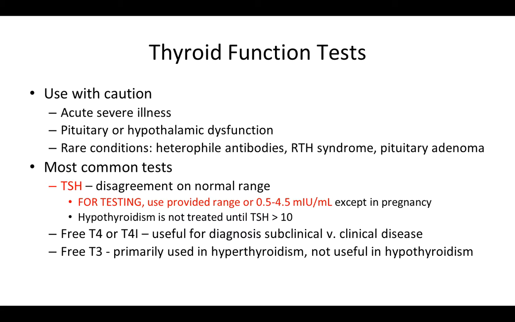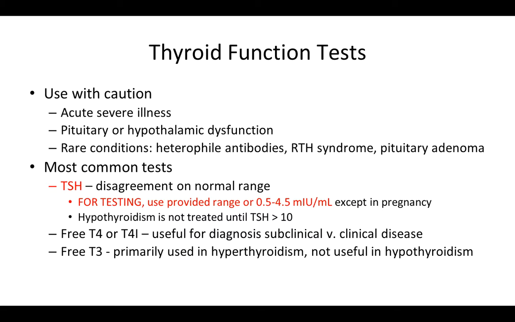There are antibodies called heterophile antibodies that are produced after contact with certain animals, and that causes a rare condition in which there will be a falsely high TSH result. There's also a rare genetic disorder involving resistance to thyroid hormones. These patients will present with a goiter, sinus tachycardia, and symptoms of ADHD.